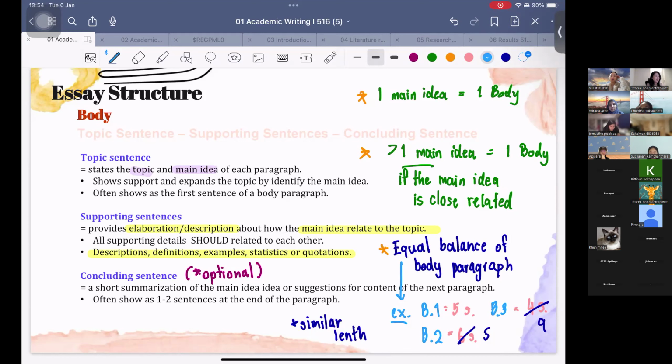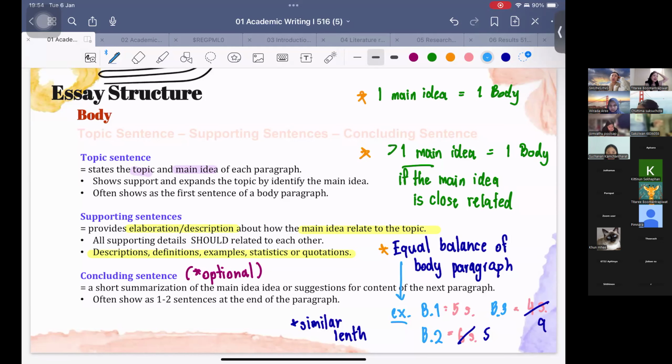And the last star is that I wrote the words equal balance of body paragraphs. Equal balance of body paragraphs means that when you compose each body paragraph, try to balance them. What I mean by try to balance them is to make sure that each paragraph has somewhat similar length.